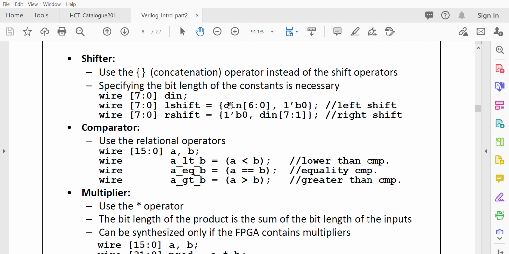So this is 1 bit shift. You can do multiple bit shifts, and then it's going to be a different range. If we do 2 bit shifts, we're going to do DN[15:2] and then 2'b0 here instead of 1'b0.